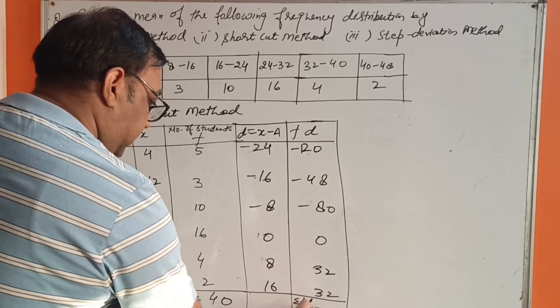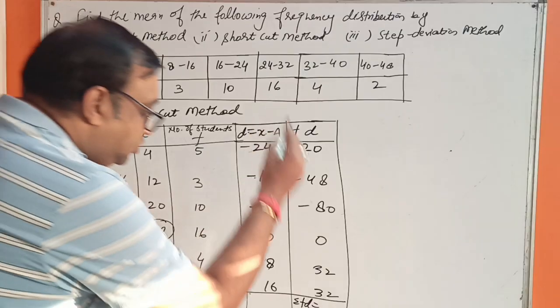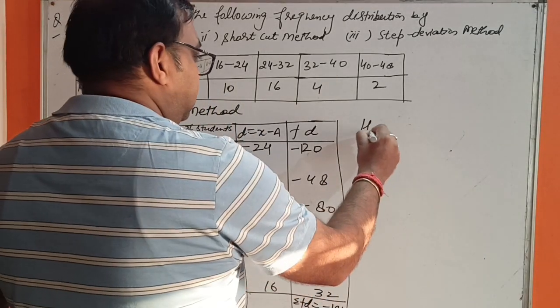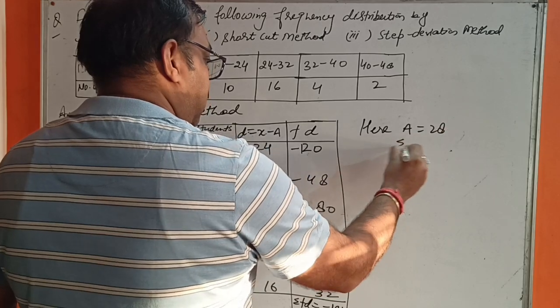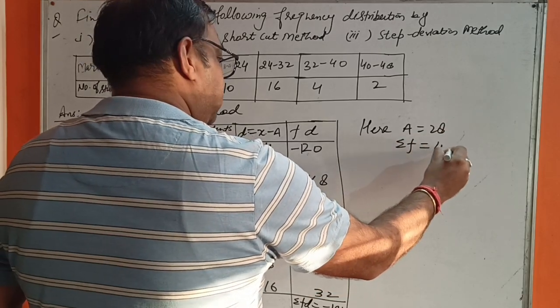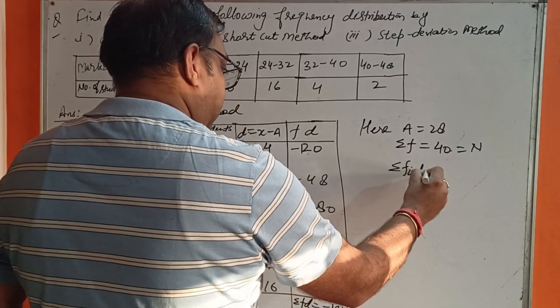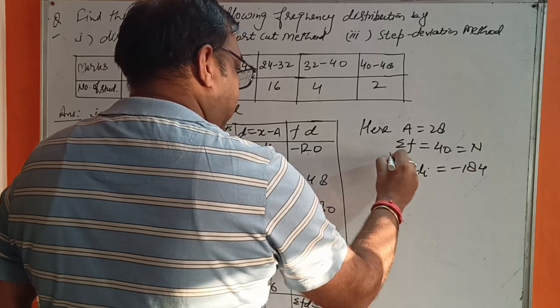So sigma FD will be the sum of all these data, some are negative, some are positive. The sum is minus 184. So here A is equal to 28, sigma F is equal to 40 or N, and sigma FD is equal to minus 184.